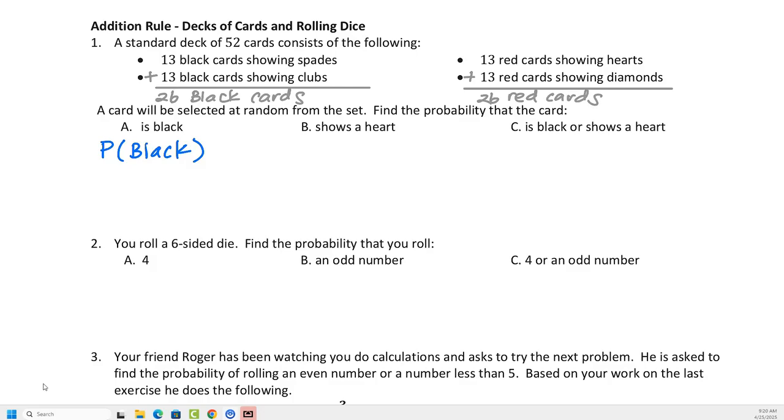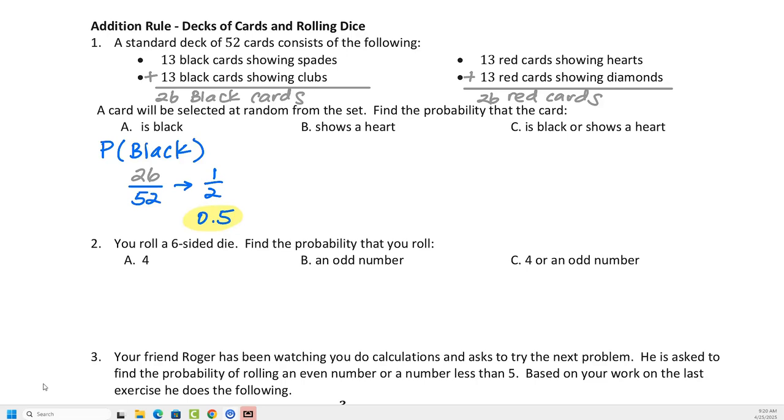So we know that we have 26 favorable outcomes. How many total outcomes are there? How many cards total are there, you guys? 52. Well, 26 divided by 52 is 1/2 or 0.5, right? 50%. So there's a 50% chance of selecting a black card.